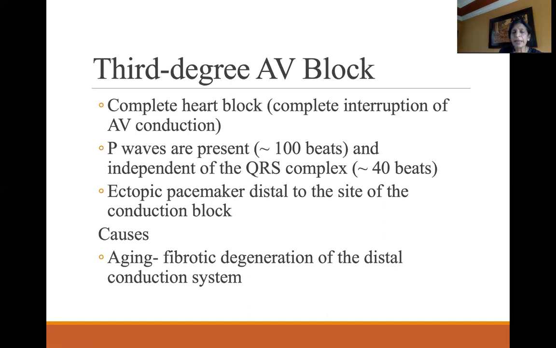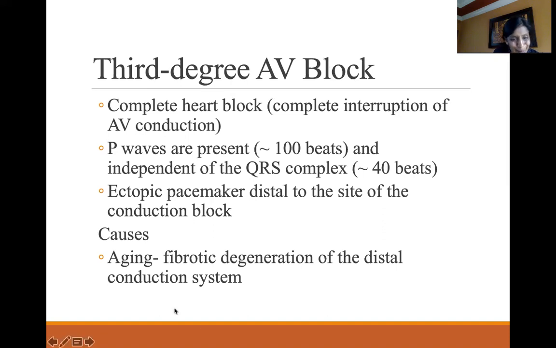And so it's not allowing the P wave to get through the AV node and the bundle of His and bundle branches and so on. But there is a new node or new group of cells that is initiating the QRS complex. All right, so that is the ventricular depolarization that you see less frequently than the P waves.